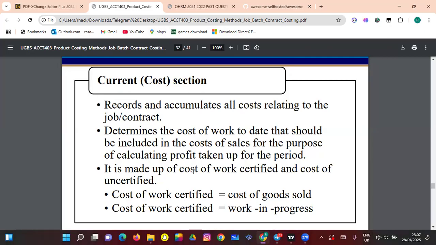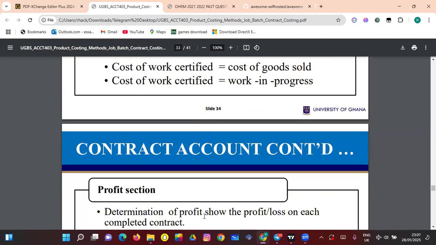It is made up of cost of work certified and also cost of work uncertified. So basically, cost of work certified is equal to cost of goods sold, and cost of work certified can also be equal to work in progress.